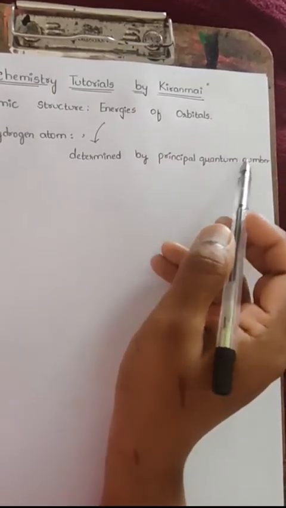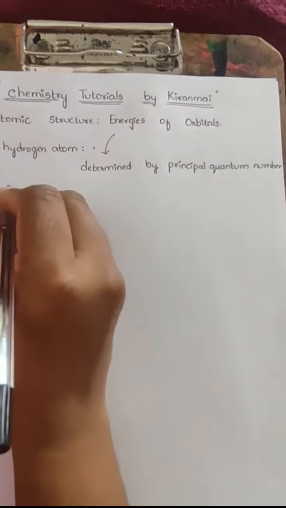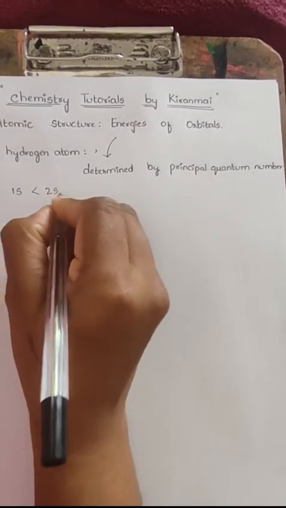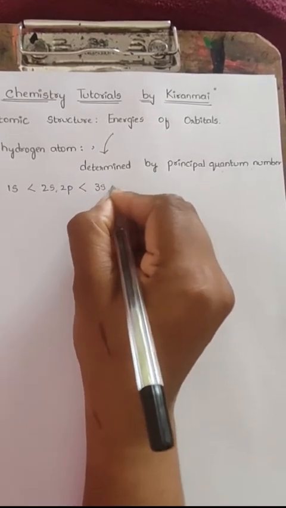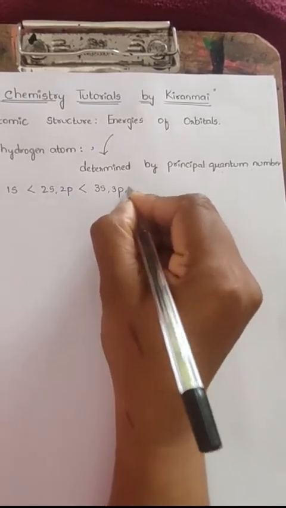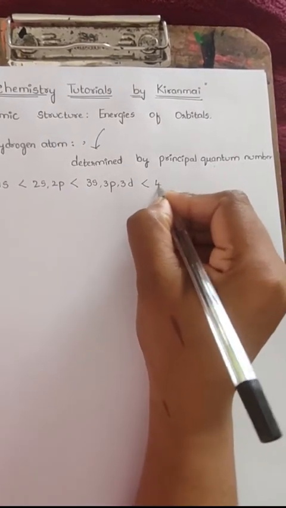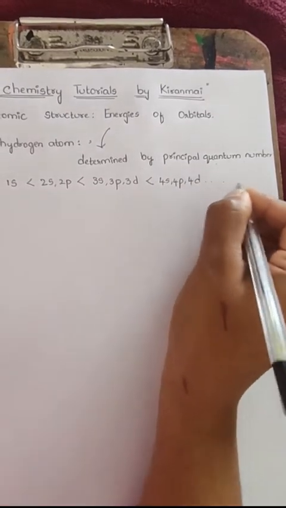As the principal quantum number increases, the energy of the orbitals increases. For example, 1s is less than 2s, 2p, which is less than 3s, 3p, 3d orbitals, which is further less than 4s, 4p, 4d orbitals, and so on.